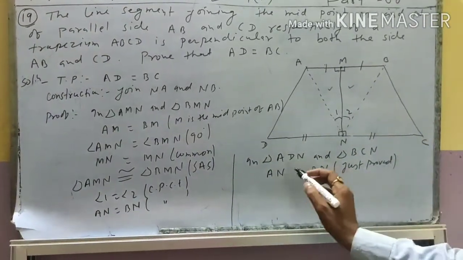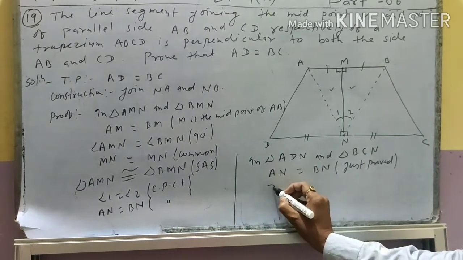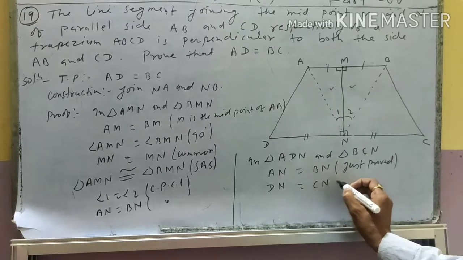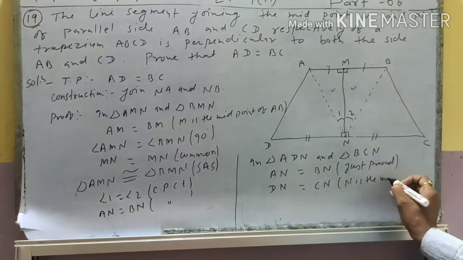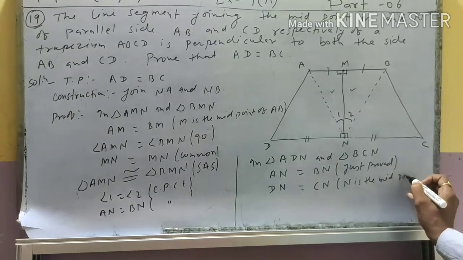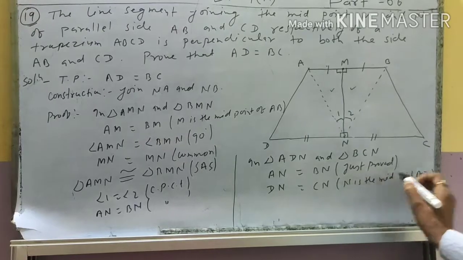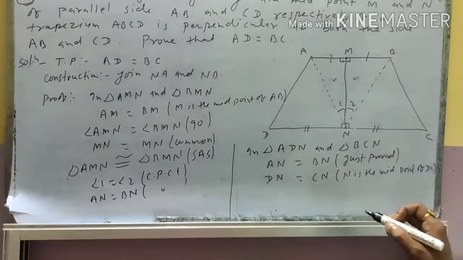First thing. Second thing, DN is equal to CN. N is the midpoint of DC, so DN is equal to CN. Two things.